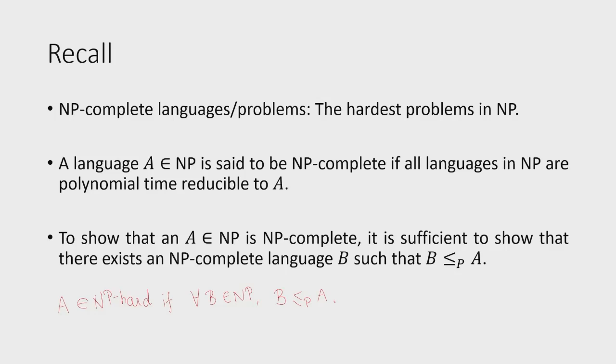So certainly this A is at least as difficult as an NP class problem. We can say that A is at least as hard as every problem in NP. Then what would be the possible class of A?